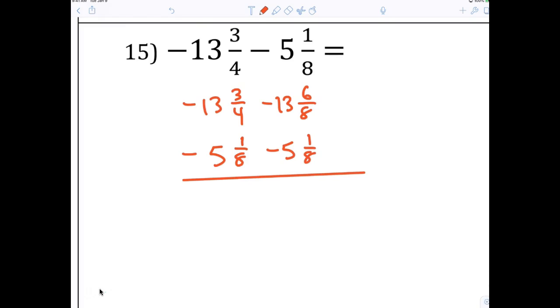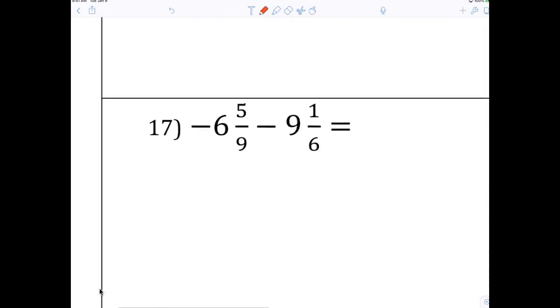You already told me I'm supposed to do what? Add them, right? That's what you told me, William. Add them. So now 7/8, negative 18 and 7/8. How's that?